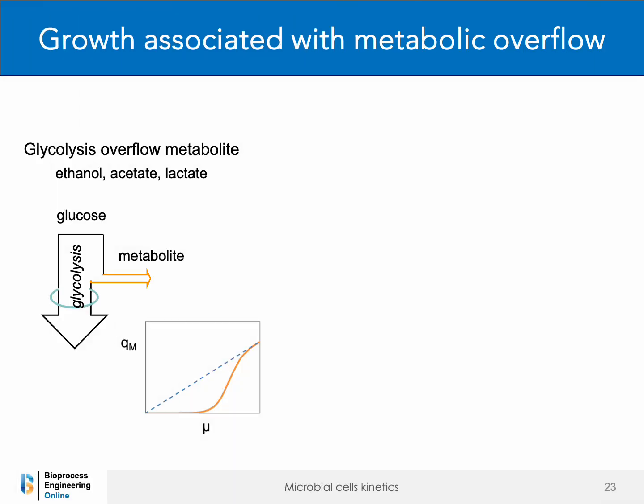For growth-associated metabolites, an alternative scenario involves a reduction in metabolite excretion at low growth rates. This occurs, for example, with the excretion of ethanol, acetate, or lactate by aerobically grown bacteria or yeasts. Under high sugar concentrations, metabolites are excreted due to an overflow of sugar in the glycolytic pathway, a phenomenon often referred to as the Crabtree effect.